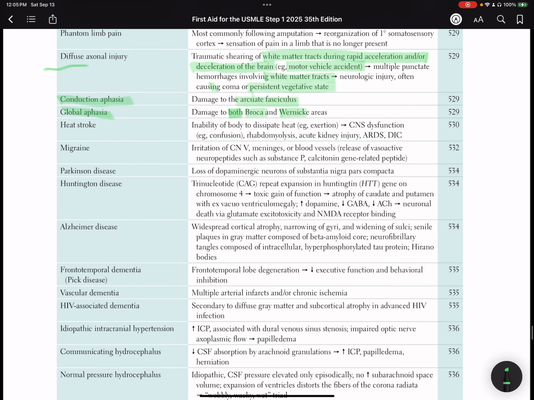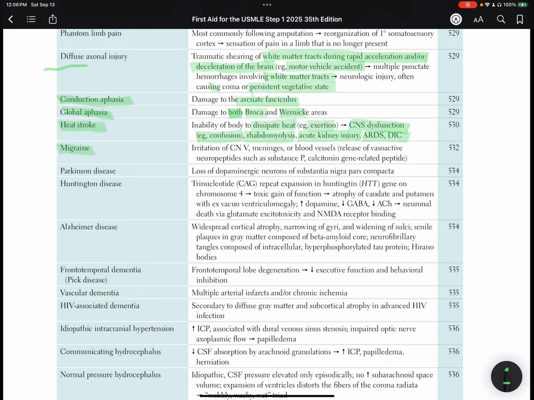Heat stroke. Heat stroke is inability of the body to dissipate heat, like exertion, leading to CNS dysfunction, for example confusion, rhabdomyolysis, acute kidney injury, ARDS, and DIC. What causes migraine?